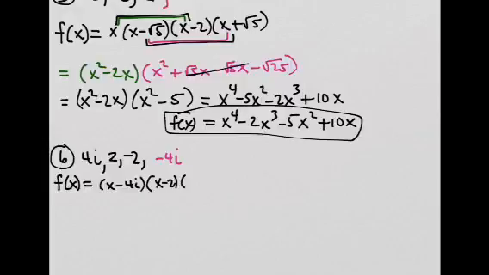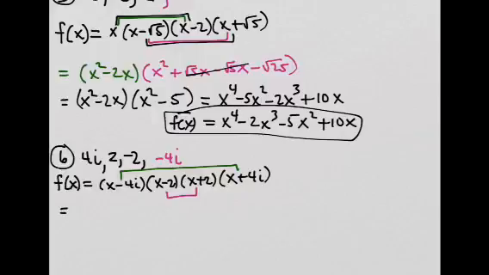The factor for minus 2 would be x plus 2. And the factor for negative 4i would be x plus 4i. Okay? So just like I did on the previous problem, I'm going to pair them up to make my job easier. I'm going to multiply the ones with i together and then the ones that are just real numbers together, like that. So I'll use the green ones first.